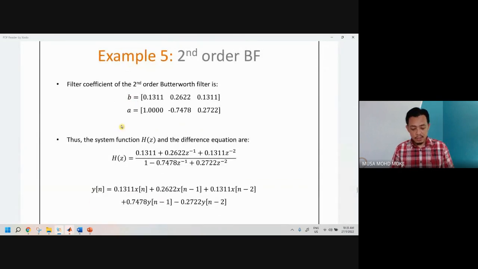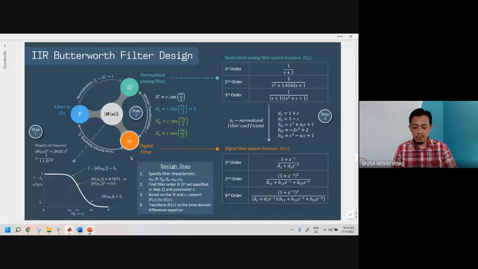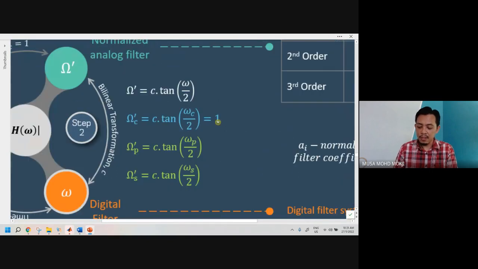And if you do all these steps, this is actually the first thing: the omega c is 0.3 pi. And then what will be the filter order? The filter order is second order. So you need to find this C. You need to solve this one to find the C. This is already 1.